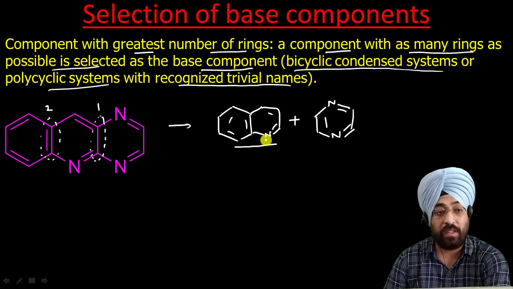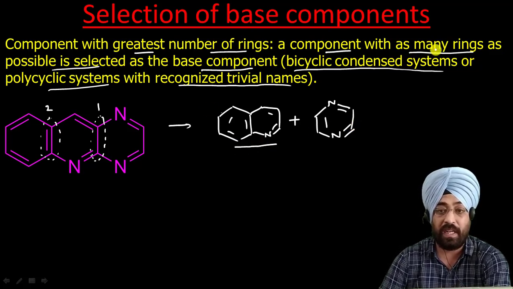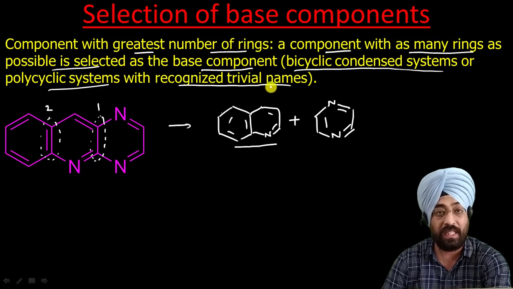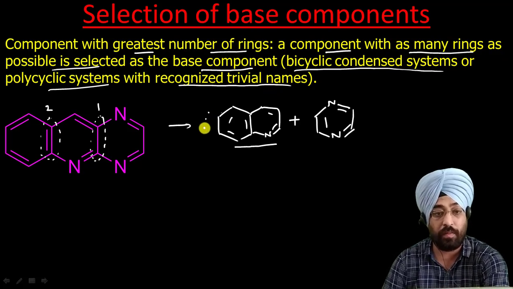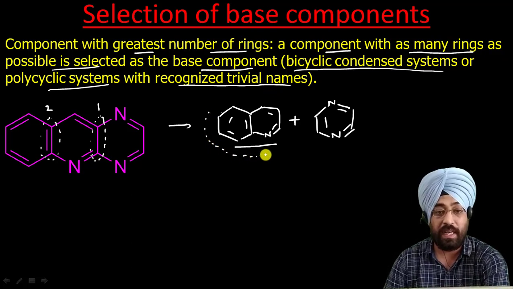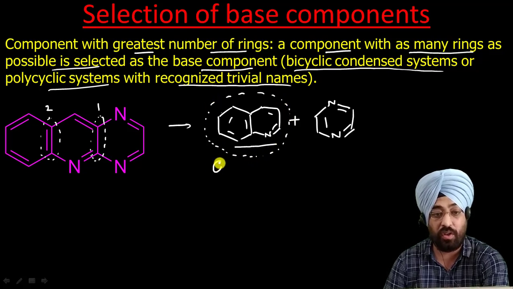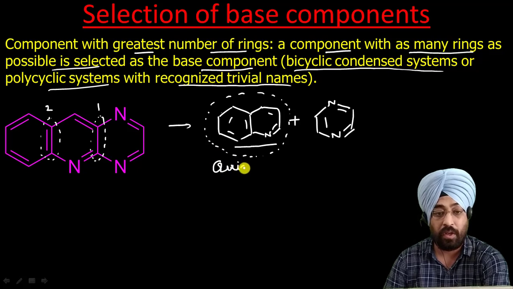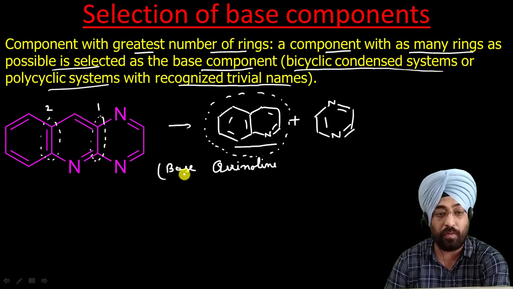Now the rule says a component with as many rings as possible, and it should have a trivial name. This two-ring system has a trivial name. What is it? It is quinoline. So that is why it is chosen as the base component.